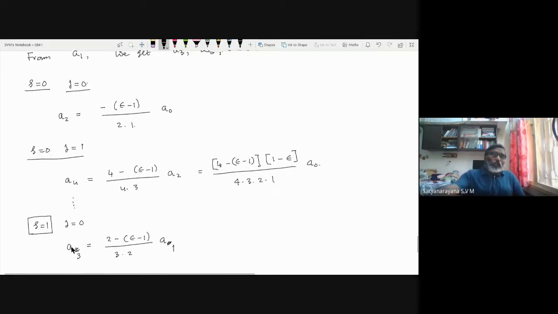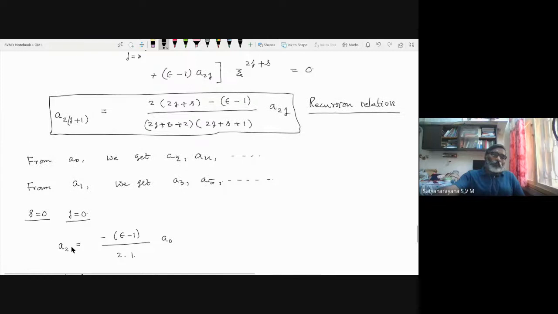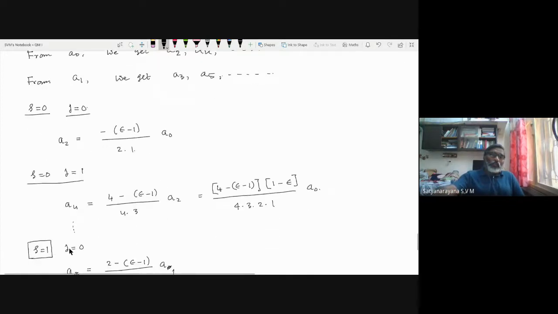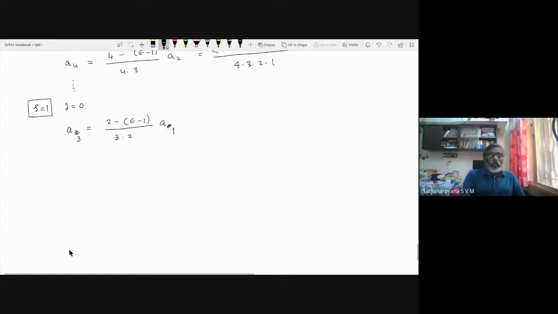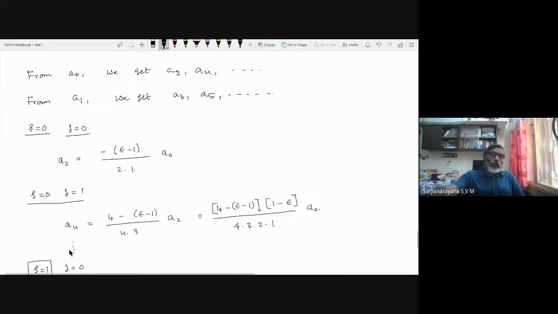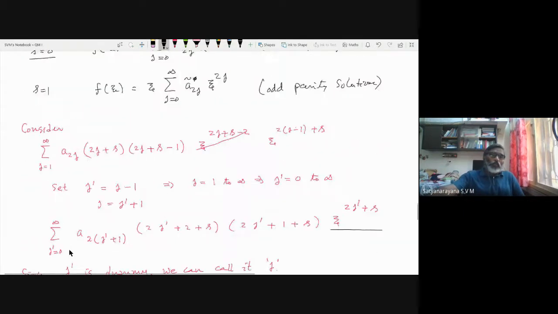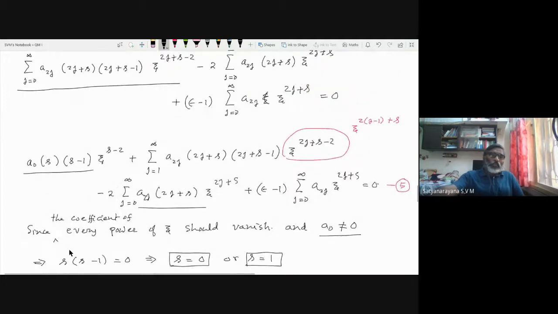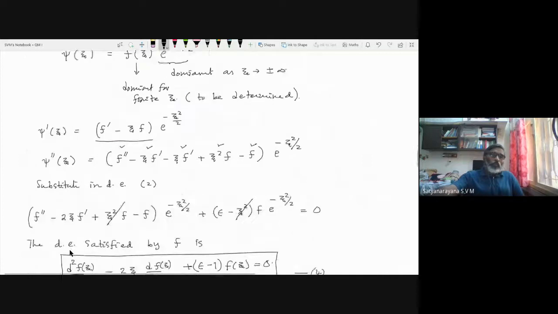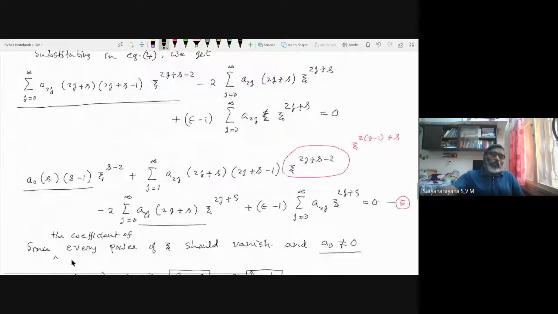Okay, so this much I think is clear. Now let's ask what happens to this solution in the asymptotic limit.